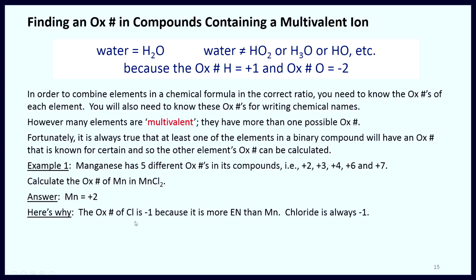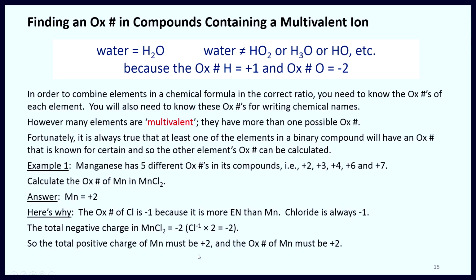Well, the oxidation number of chloride is -1 because it's in group 7A and it's more electronegative than manganese, so it always will use its value of -1 as an anion. The total negative charge of the two chlorides is 2 times -1, which is -2. And so the total positive charge of the manganese has to be +2. And so the oxidation number of manganese is +2.